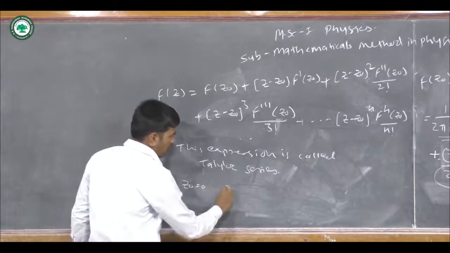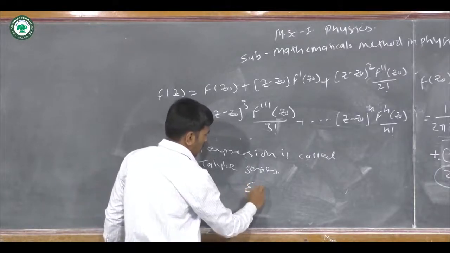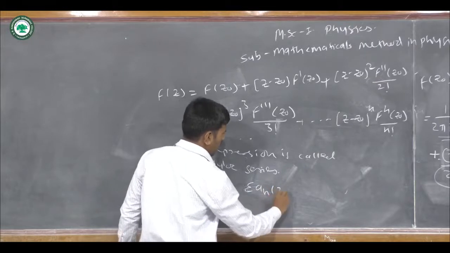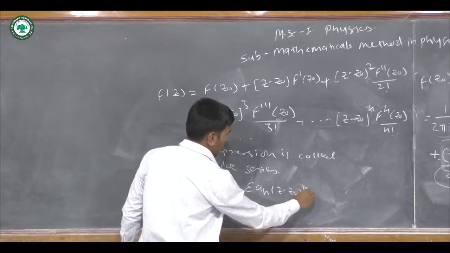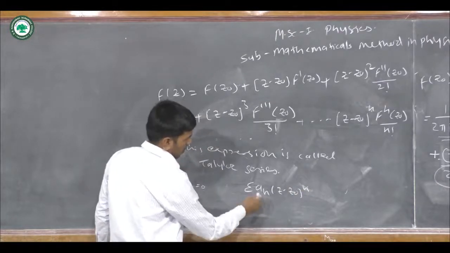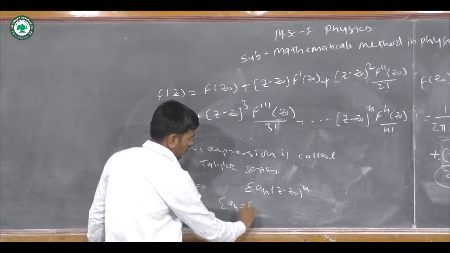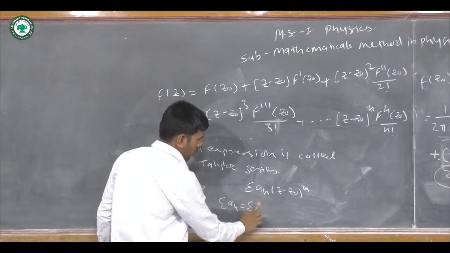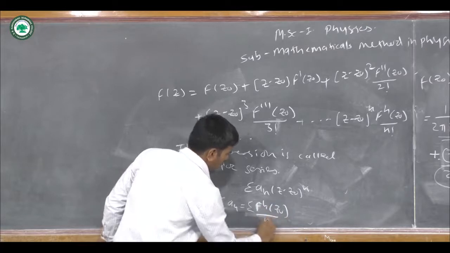If I write the series summation a n times z minus z naught power n, where a n is the coefficient, so a n is f power n z naught divided by n factorial.